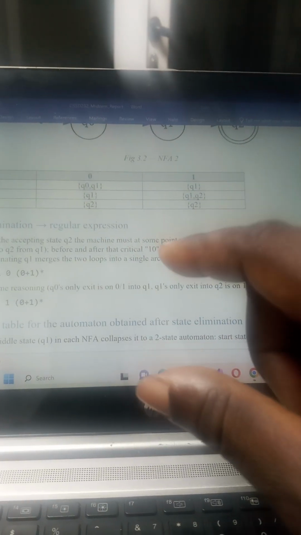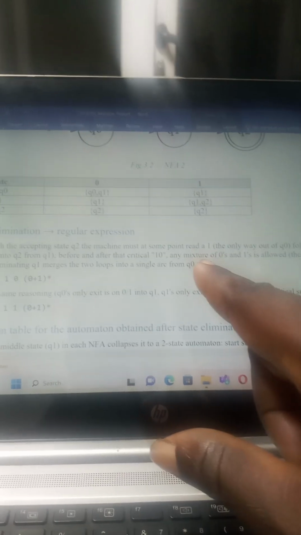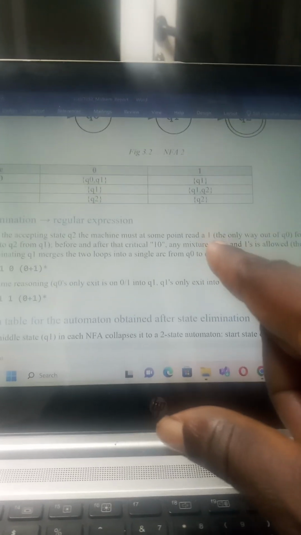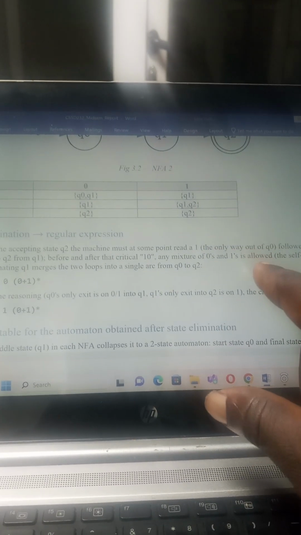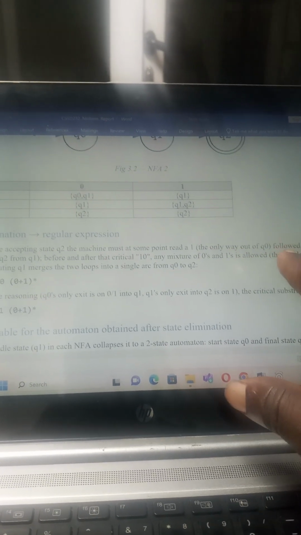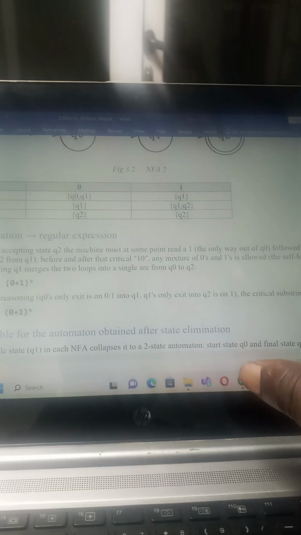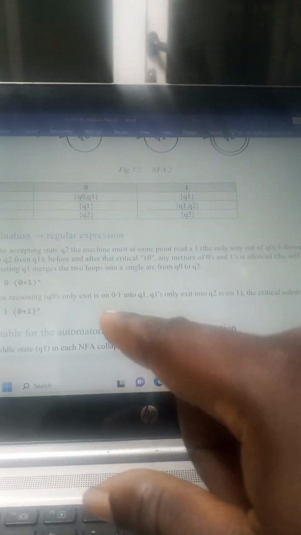Look at the state elimination and regulation. For the NFA to reach the accepting state Q2, the machine must at some point read a 1, the only way out of Q0, followed later by a 0, the only way into Q2 from Q1.